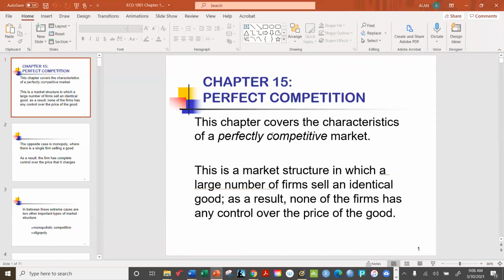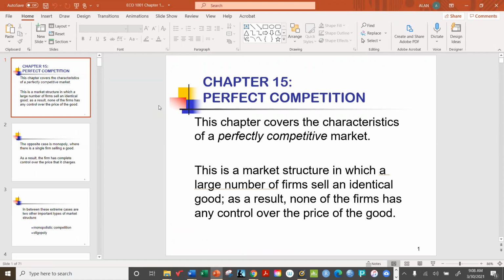But first, let me just dive in here and introduce to you what is unique about perfect competition. Now, remember, this is an extreme case. You may not actually encounter this in the real world. It would be very difficult to find a situation that is perfectly competitive, but there are cases that are very close.